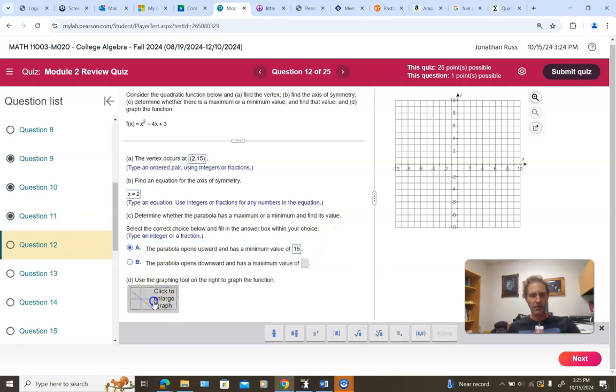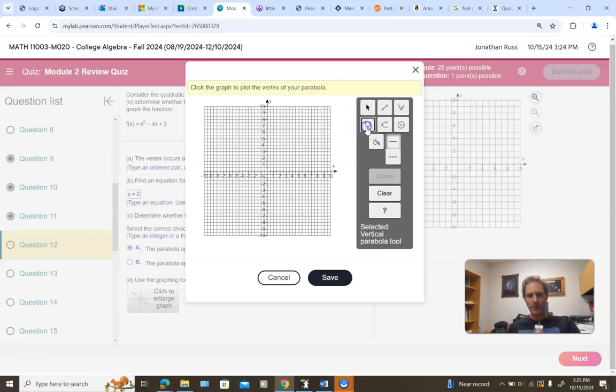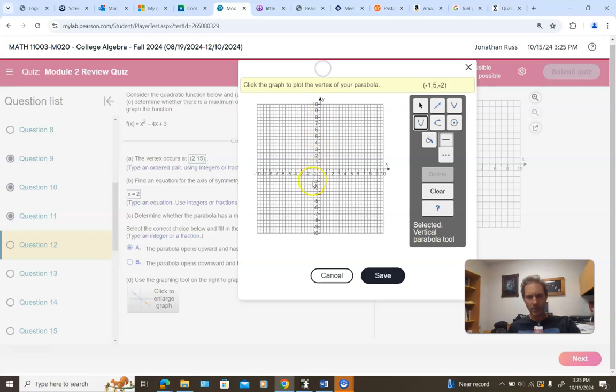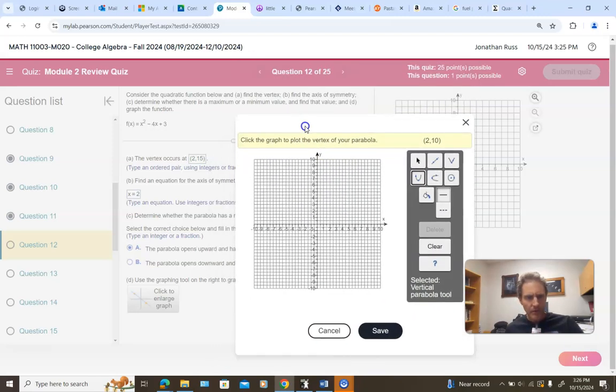And then as far as graphing it goes, this one I think you maybe do have to plot the points. So let's see, 2, and then, wait a minute, I made a mistake.